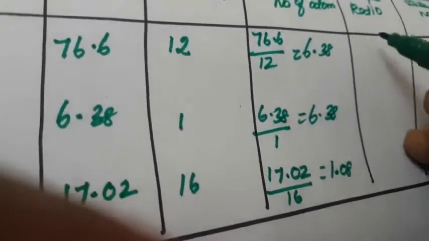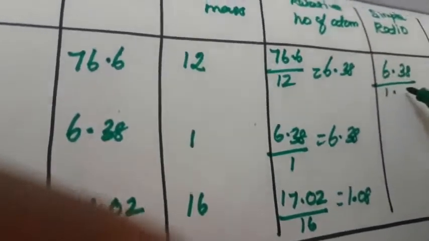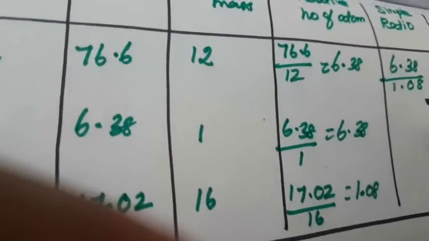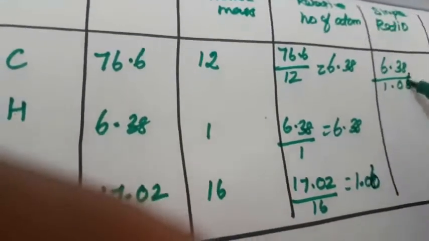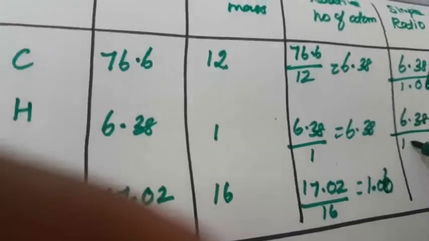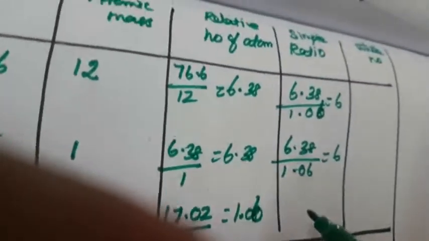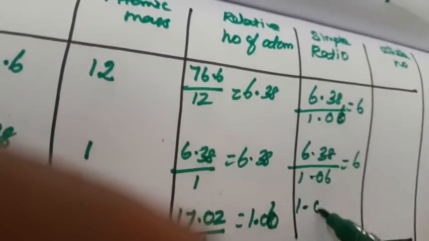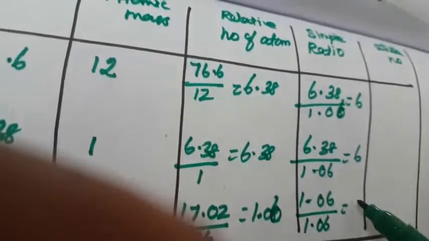You divide by that one: 6.38 divided by 1.06 equals 6. Here also 6.38 divided by 1.06 equals 6, right? Another one, here 1.06 divided by 1.06 equals 1.